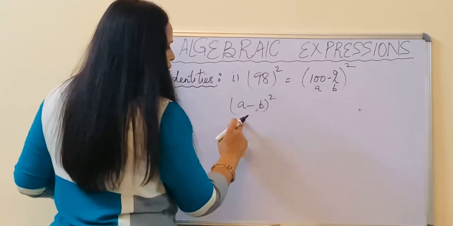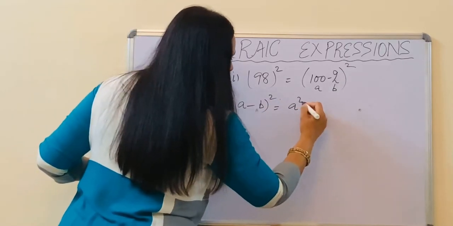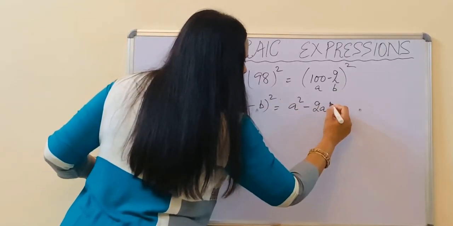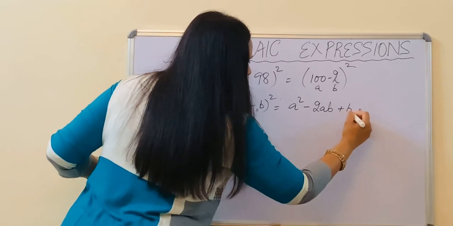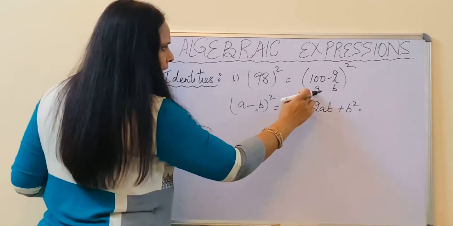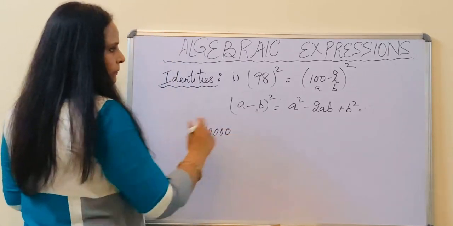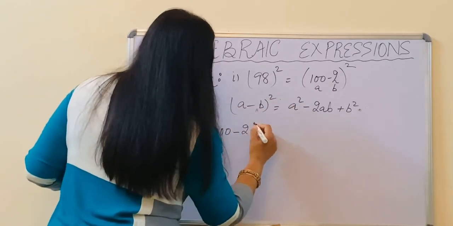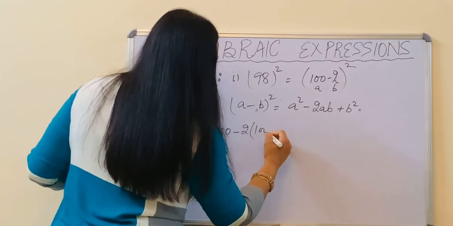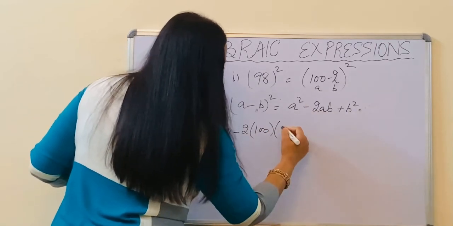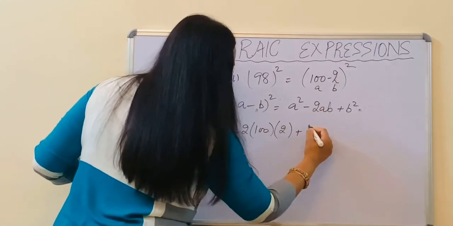A square minus 2AB plus B square. A square means 10,000, minus 2 into A, which is 100, into B, which is 2, plus B square, 4.